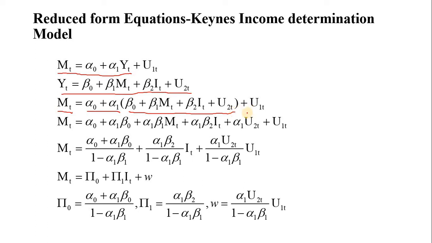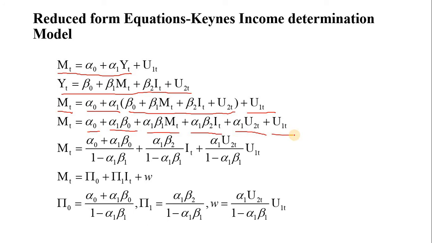Then the remaining thing is u1t. Now you multiply alpha 1 with all these terms. So alpha 0, then alpha 1 beta 0, alpha 1 beta 1 Mt, alpha 1 beta 2 It, alpha 1 u2t, then u1t.